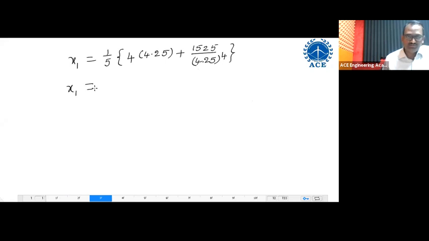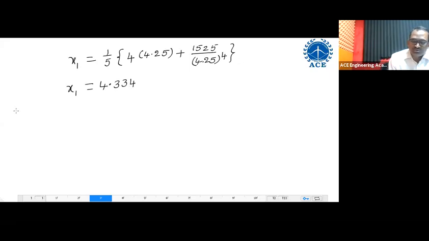Simplify this and let me know its value. 4.334. If you still do not get any clarity, then look at the options, all of you. 4.334, your answer is very, very near to option A. So option A is the right answer.